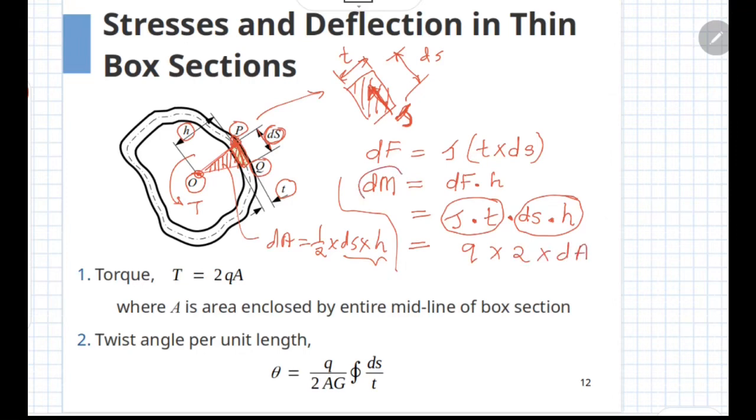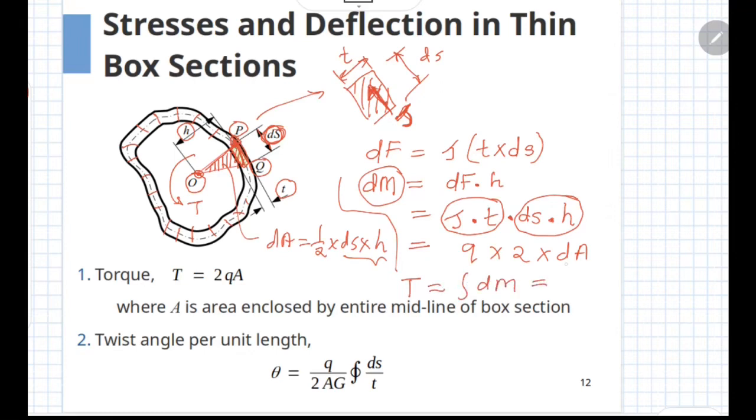If we add up all these moments, this is the moment caused by the force acting on a segment of length ds. Similarly, there are many segments. For each segment, if we calculate the value of this moment and add them together, you will get the total moment acting on this cross section, which is nothing but the torque, given by the integration of this dM.